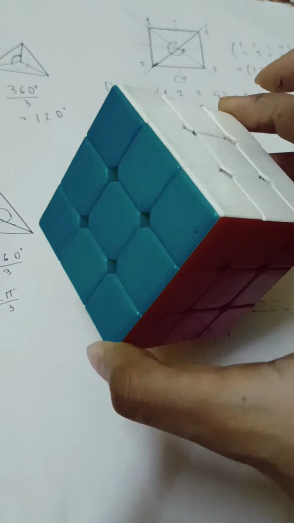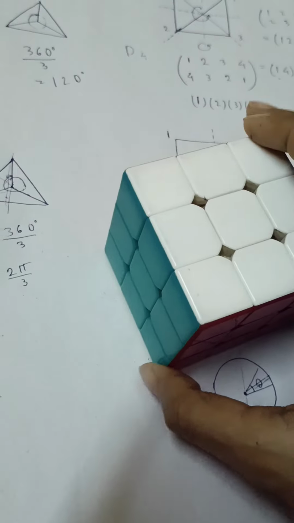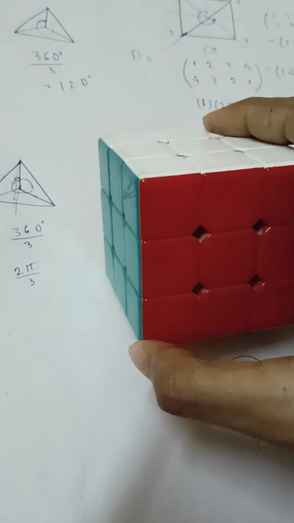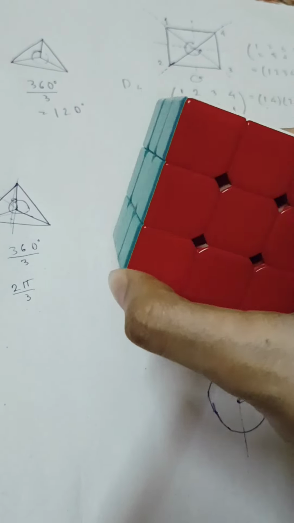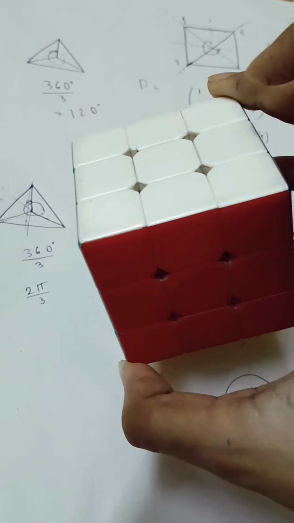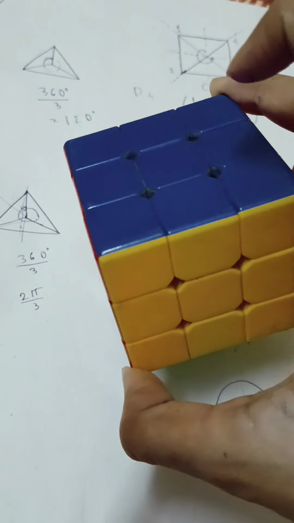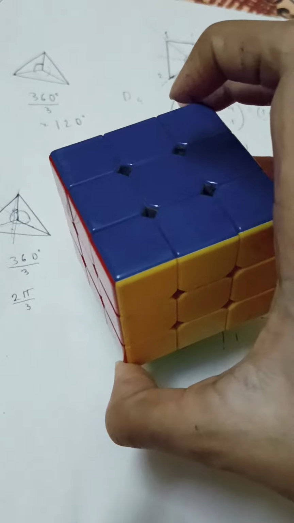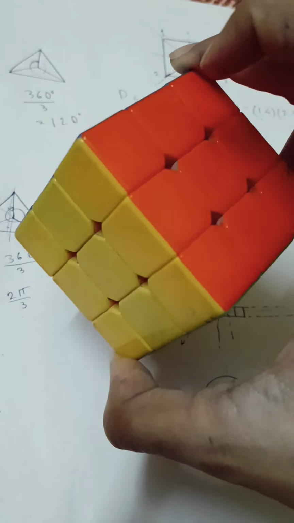Also, if you take a rotation or reflection joining these 2 points that form a diagonal, this is not a reflection, this is again a rotation.